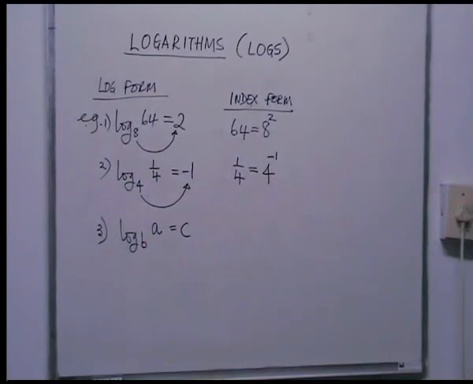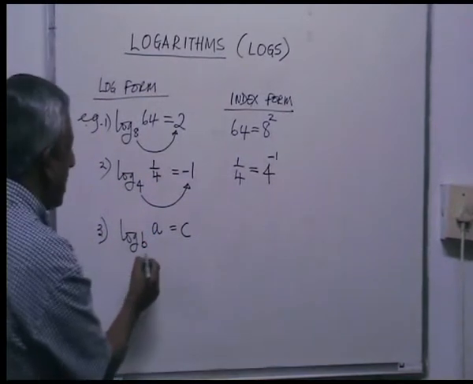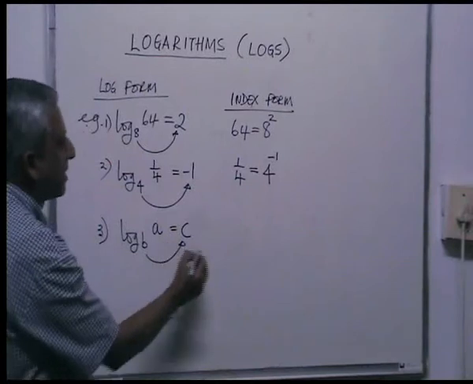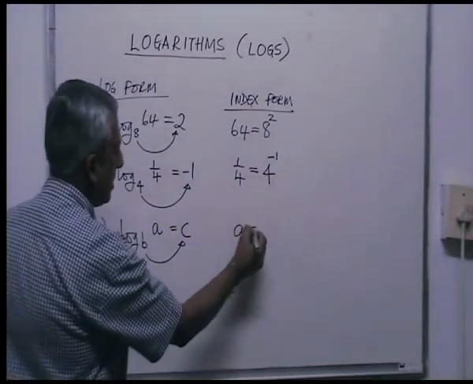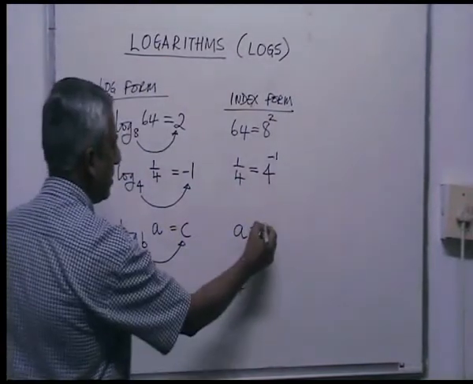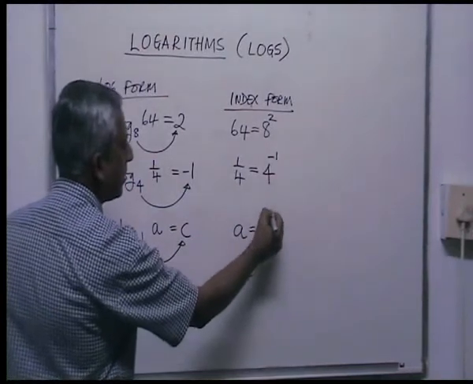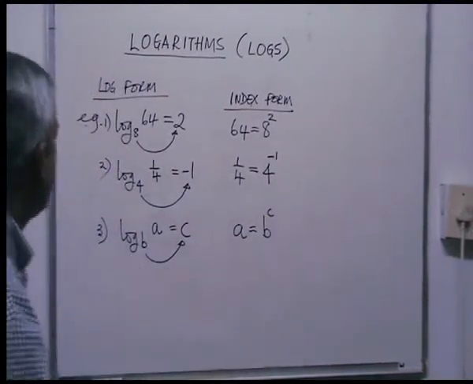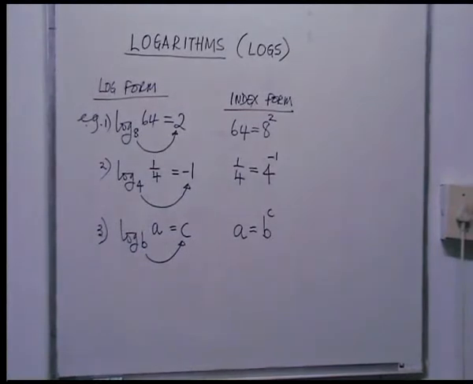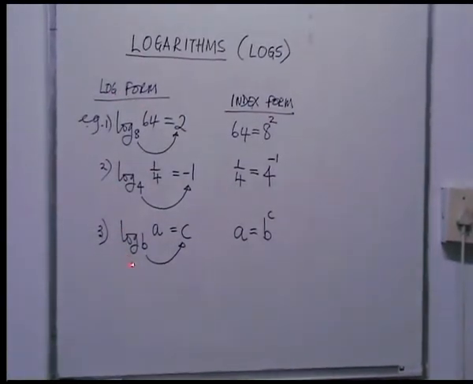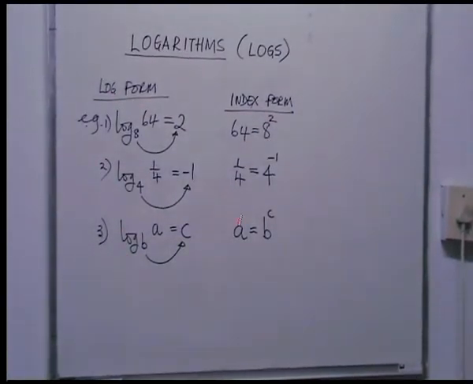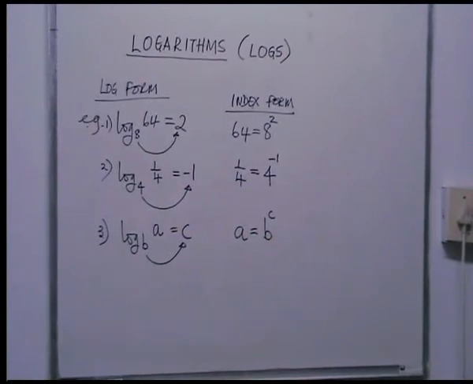So once again, if I want to convert this, then to help me I can just do a little arrow like that. So A is equal to B to the C. Alright, so now there you are. These are all in log form and there you have written them in index form. You must be able to write from log form to index form. You must be able to come back from index form to log form.